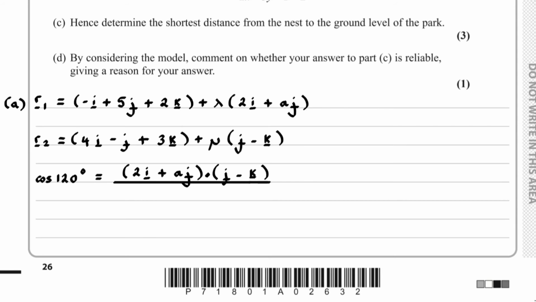And then we will divide this by the magnitude of the direction of r1, so that is 2 squared plus a squared, and then we multiply this by the magnitude of the direction of r2, 1 squared plus -1 squared, square rooted.